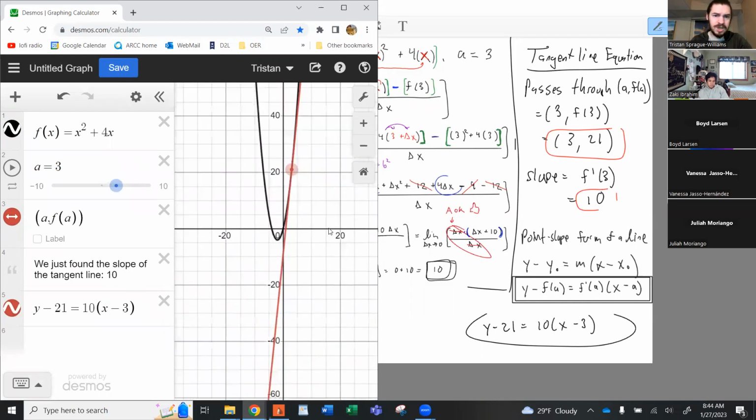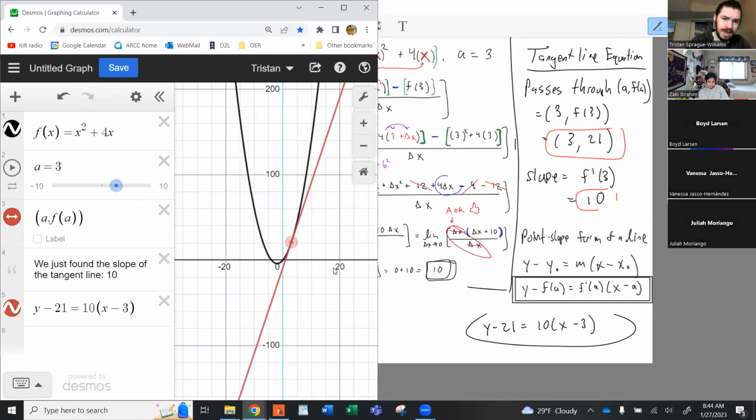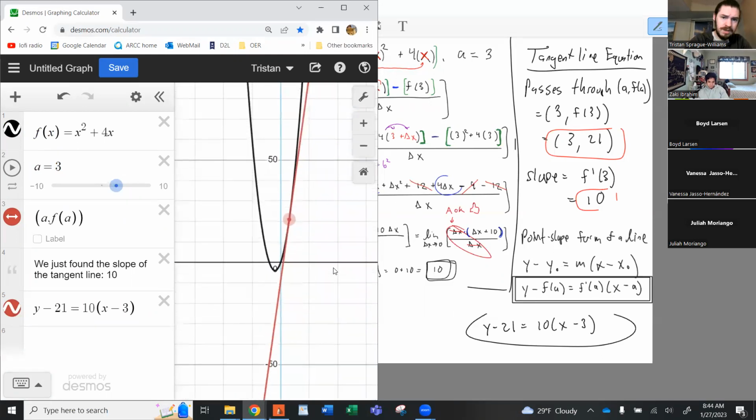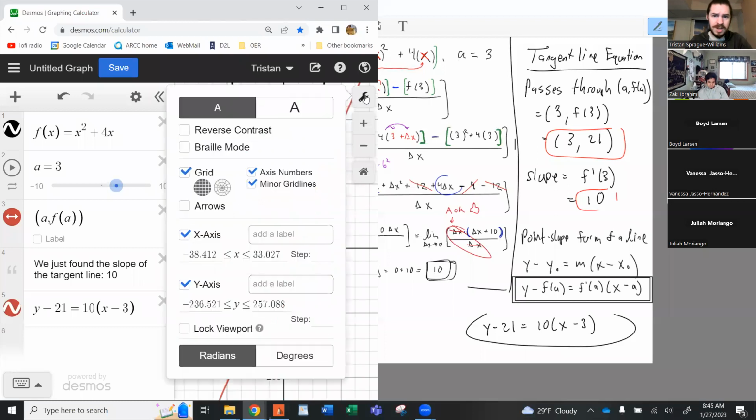So that should look pretty much like a tangent line. Does that look like a tangent line? Does it look right? I'm going to change the scale here. I'm just messing with my y-axis on my touch screen. If you don't have a touch screen, you can change the y-axis by changing these boundaries up here in the graph settings.